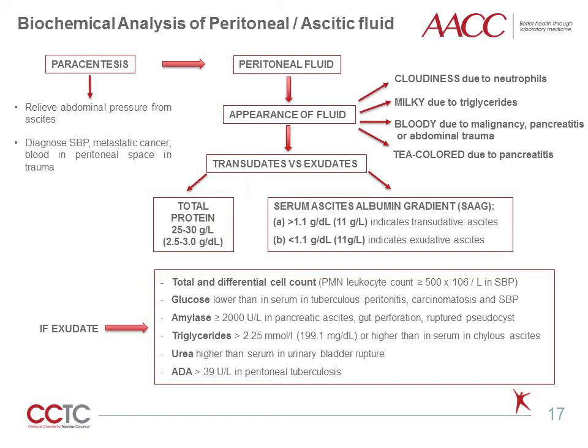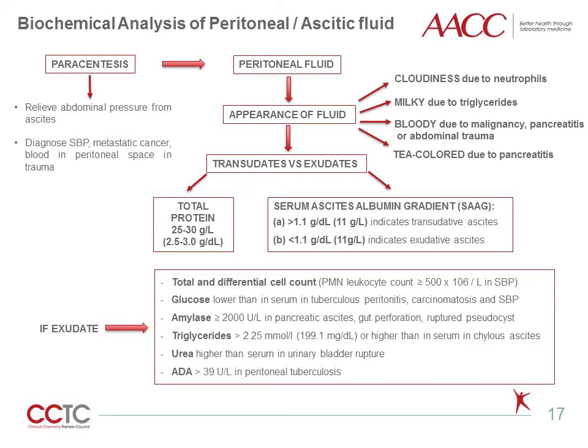After differentiation of ascites into two broad categories, specific biochemical analysis can be useful for further evaluation of ascites etiology. Total protein higher than 25 grams per liter helps differentiate some causes of high gradient ascites.